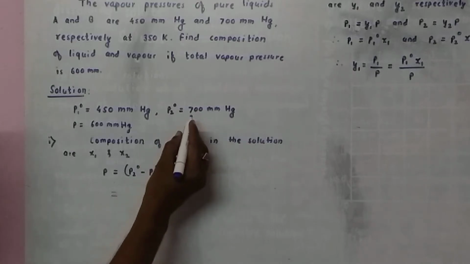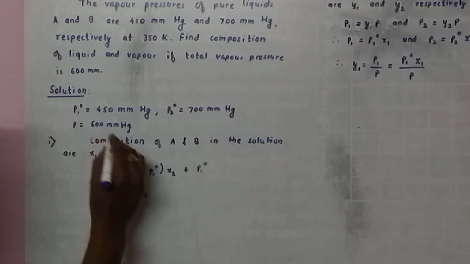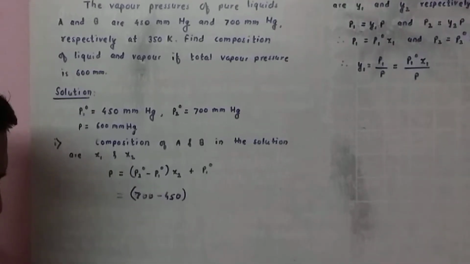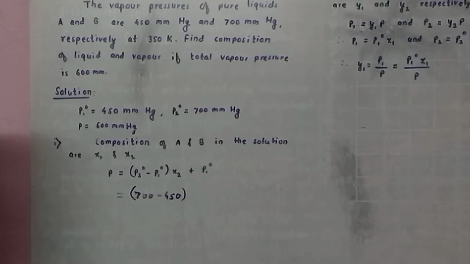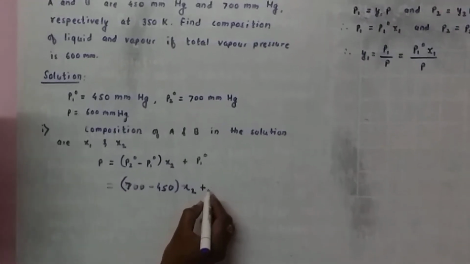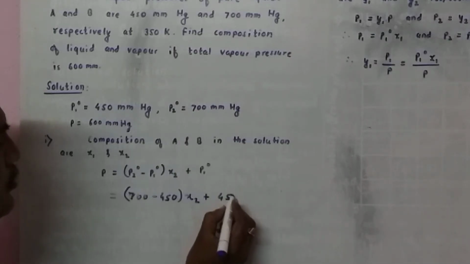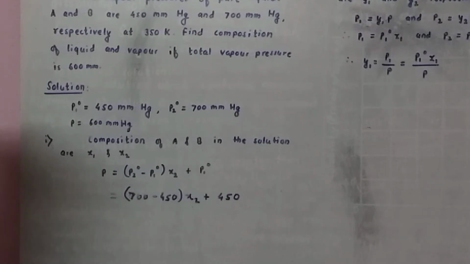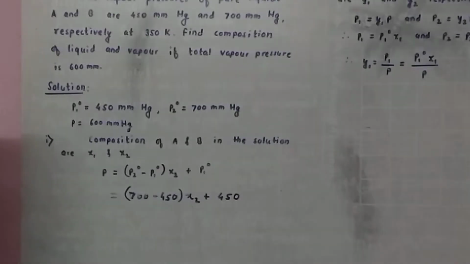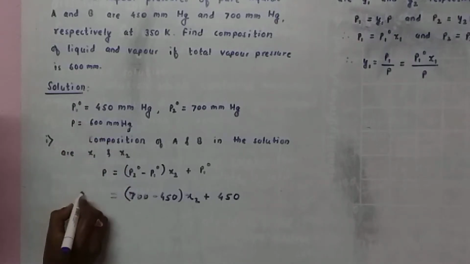P2⁰ is equal to 700, minus P1⁰ 450, into x2, plus P1⁰, which is 450. Given that the pressure P equal to 600.